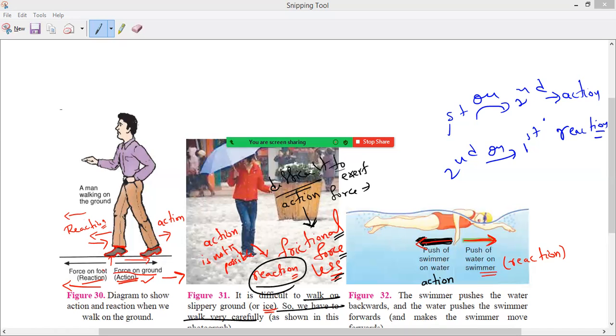The force exerted by action and reaction is the same, but something is not the same. What is that? Action and reaction are the same, but they won't create the same acceleration on both bodies.